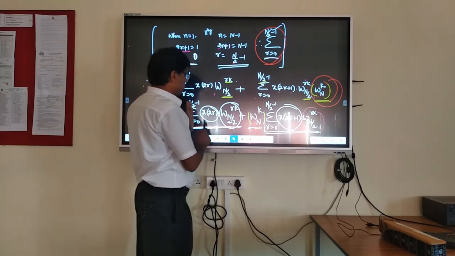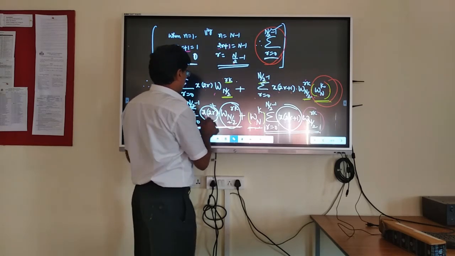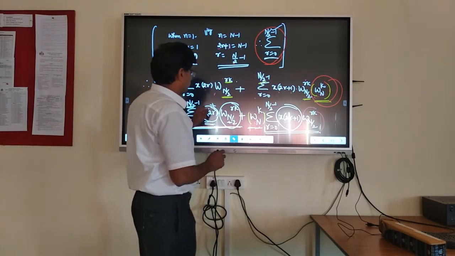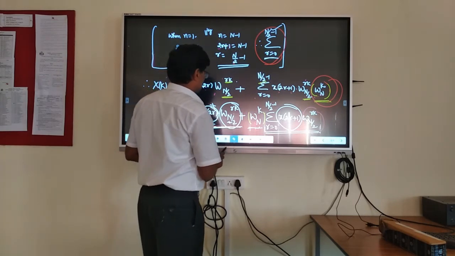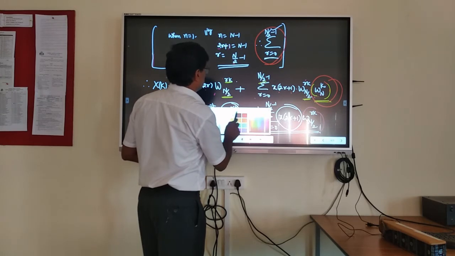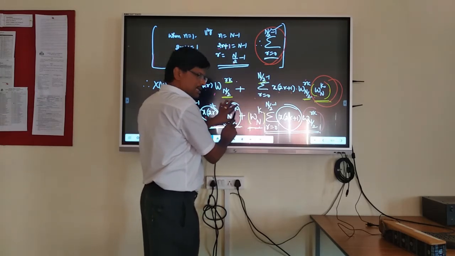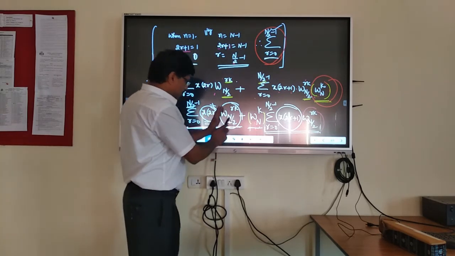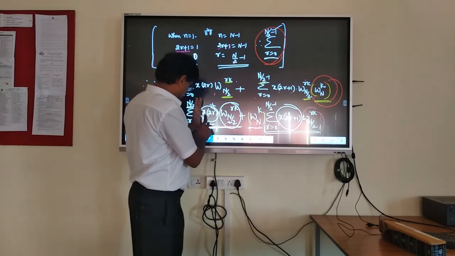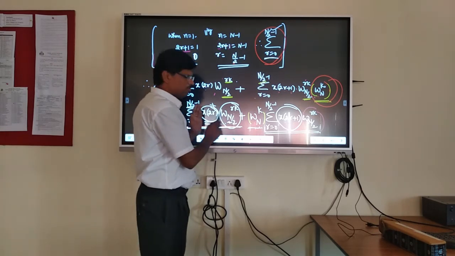Now see this n by 2 point DFT, this x of 2r is one n by 2. This omega n by 2 to the power rk is the other complex number. N by 2 point complex number. This is n by 2 complex number. Ready? Multiplications, repeated multiplications of 2 n by 2.